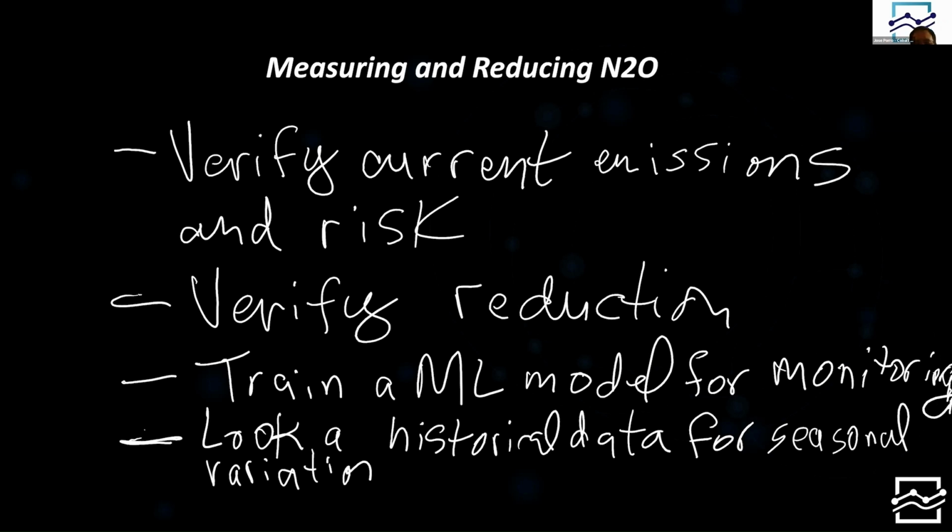So with the trained machine learning model for the site and with the historical data, we can then see what the seasonal variation might be in the N2O emissions. We don't have to measure for a full year to see what the seasonal variation might be in the N2O emissions.